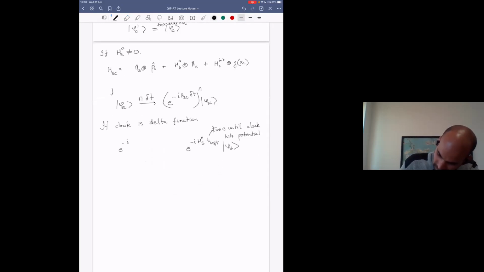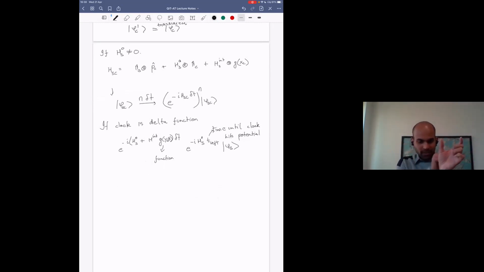e^{-i(H_0^S + H_int)g(y_clock)} — and this is now just a function because I'm only acting upon it with the system, as a function of t, delta t.